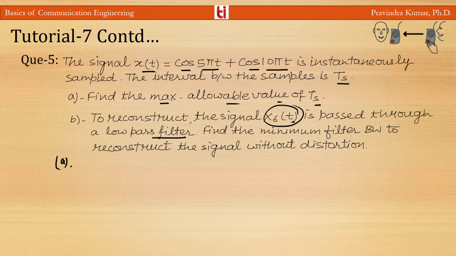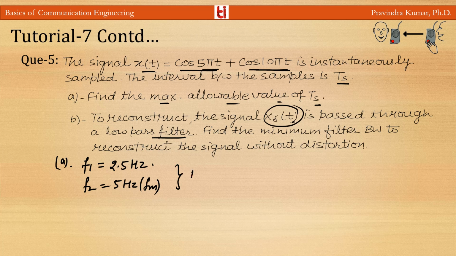So here we have given x(t) as cos 5πt + cos 10πt. From here, one frequency component f₁ in this signal x(t) is 2.5 Hz, and the other is 5 Hz. This is fm.